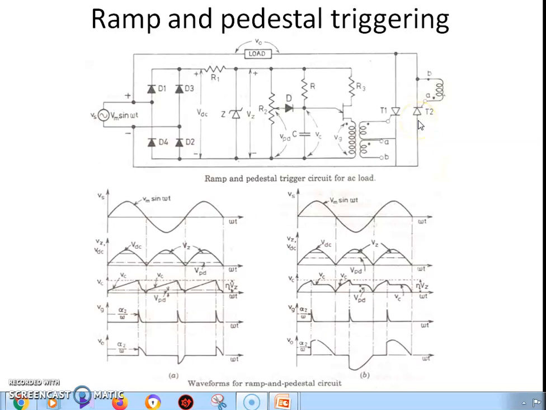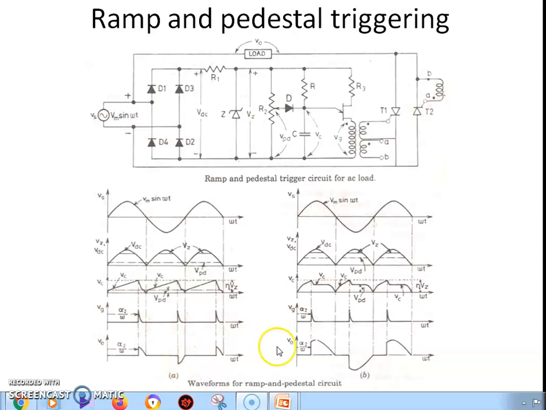With the setting of the wiper on R2, the pedestal voltage VPD on C can be adjusted. With a low pedestal voltage across capacitor C, the charging of C to eta VDD plus VD takes longer, and the firing angle delay is therefore more. Therefore the average output voltage is less.